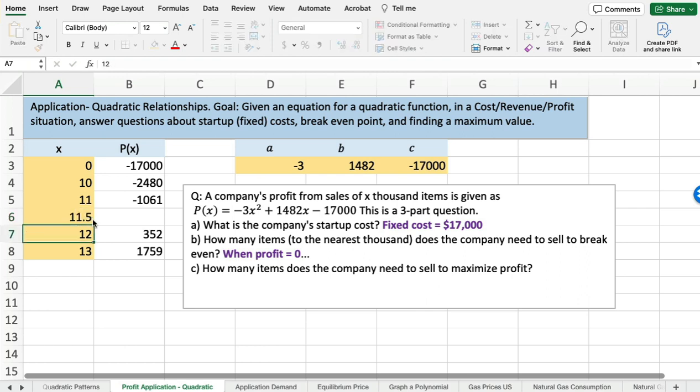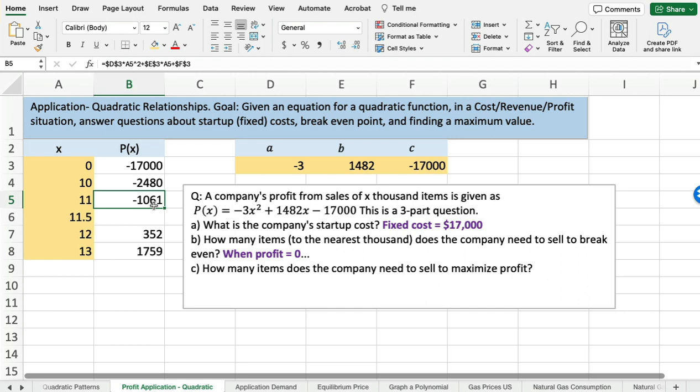So let's put in the 11.5 and let's copy that down. So the question comes down to this: does the profit become zero in between 11.5 and 12? Or does it become zero between 11 and 11.5? Which half is closer to zero?